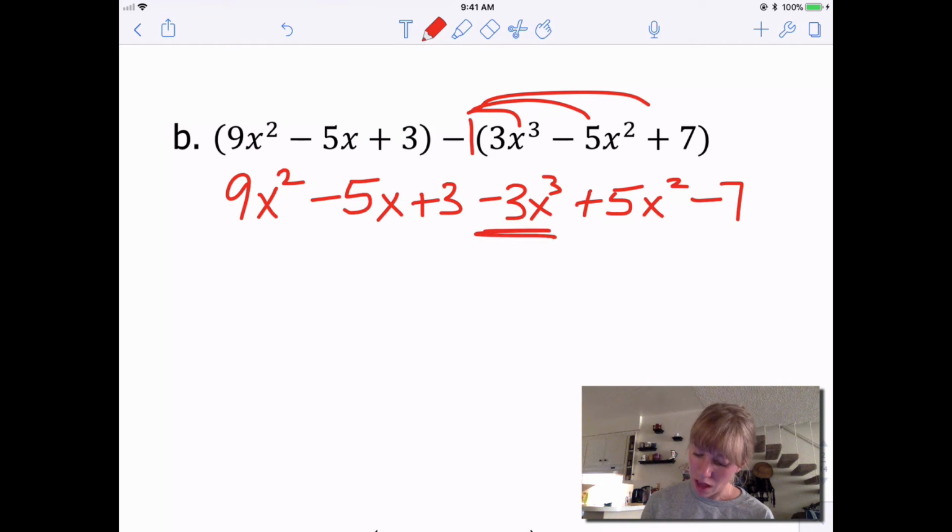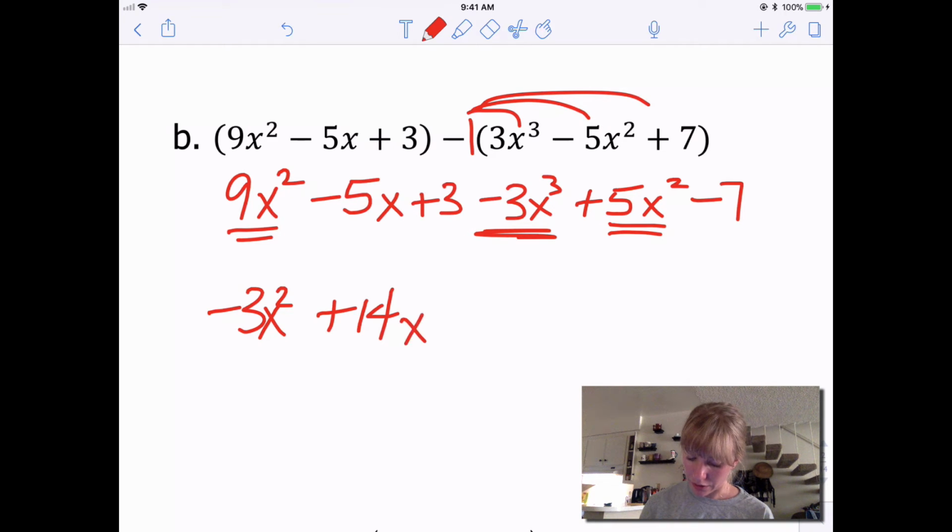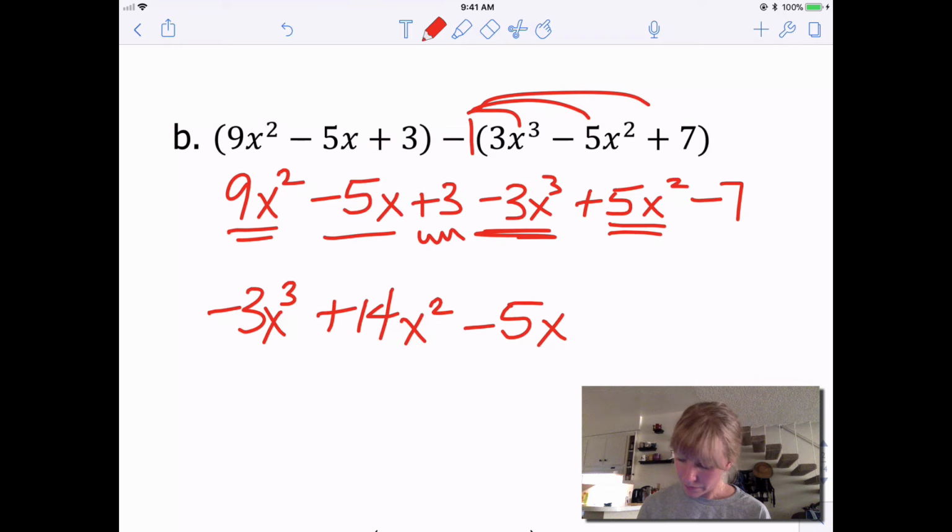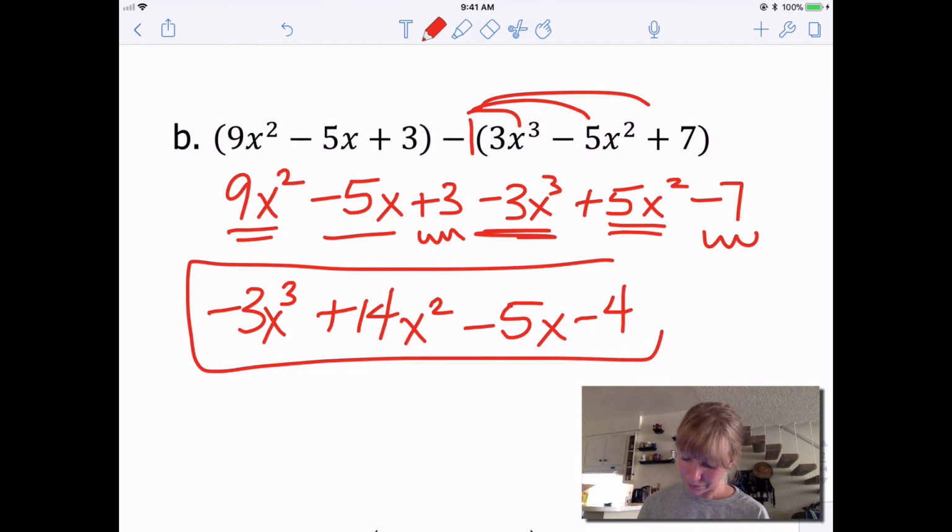Combining your like terms, I get negative 3x cubed, I'm sorry, that first one should have been cubed, plus 14x squared. Our x's, it looks like negative 5x doesn't have a like term. And then positive 3 and negative 7 is negative 4. That's our final answer.